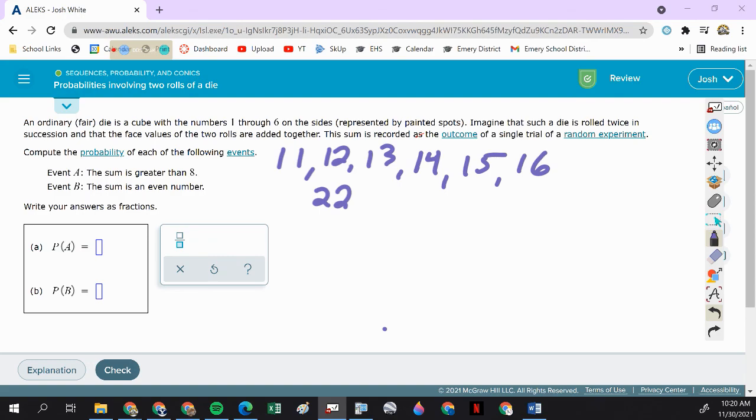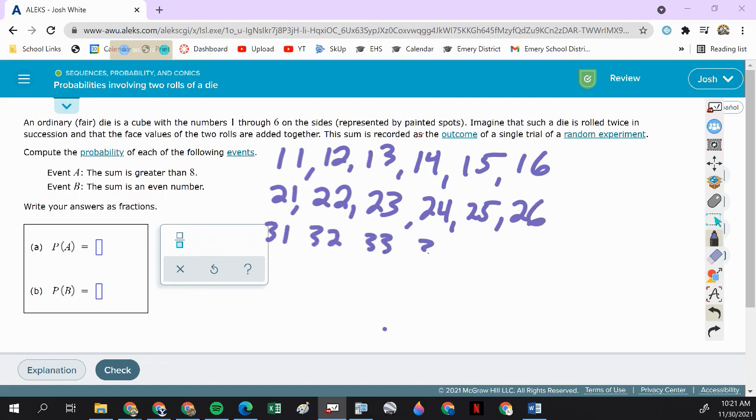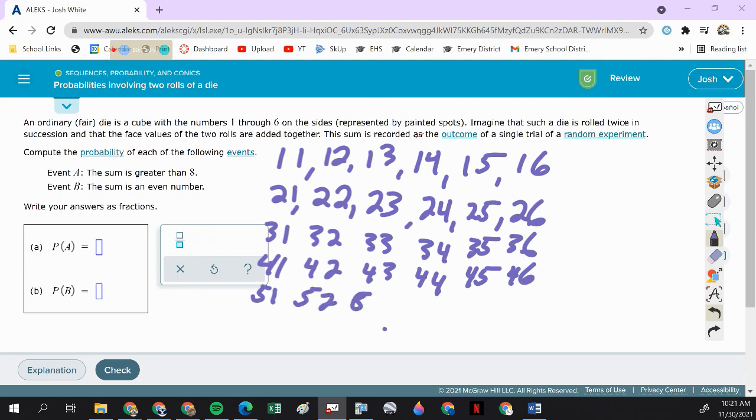What else could happen? 2, 1, 2, 2, 2, 3, 2, 4, 2, 5, 2, 6, 3, 1, 3, 2, 3, 3, 3, 4, 3, 5, 3, 6, 4, 1, 4, 2, 4, 3, 4, 4, 4, 5, and 4, 6. 5, 1, 5, 2, 5, 3, 5, 4, 5, 5, oh no, sorry, 5, 6.